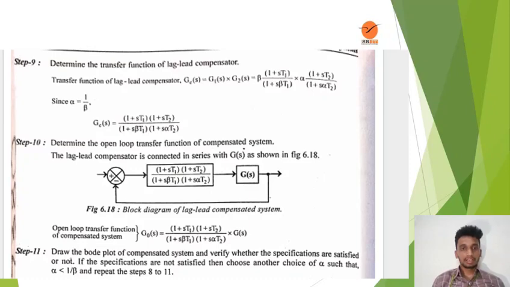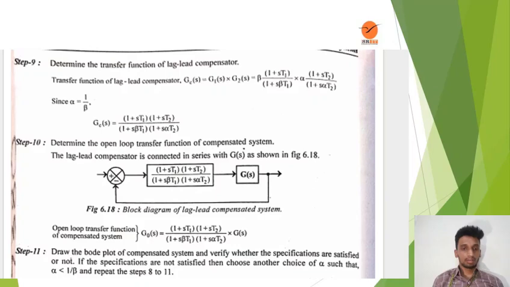Step 9. Determine the transfer function of lag-lead compensator. Gc of S is equal to G1 of S into G2 of S, which is equal to beta into 1 plus S T1 divided by 1 plus S beta T1 into alpha of 1 plus S T2 divided by 1 plus S alpha T2.